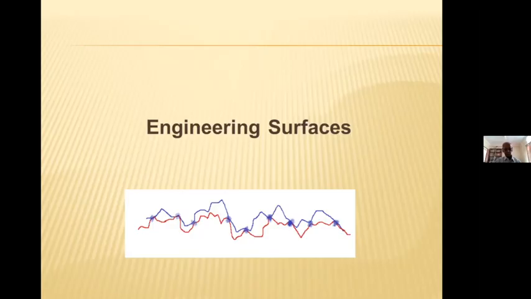Just before we go to the main pages, just to give a brief understanding, look at this picture. There are two surfaces. One is a blue surface, the other is a red surface. I think the first thing one should know is that the engineering surfaces, or for that matter, any natural surfaces, are never absolutely smooth.